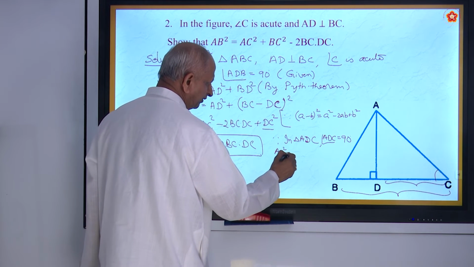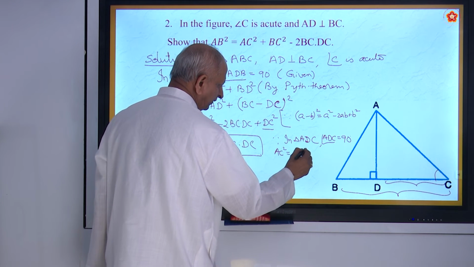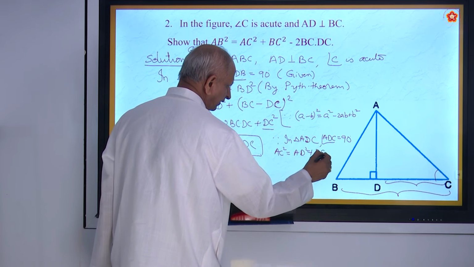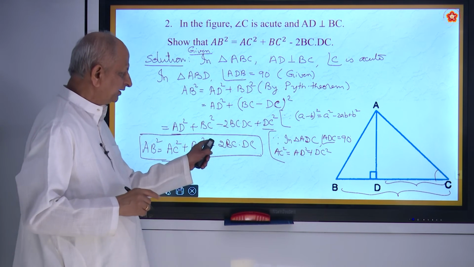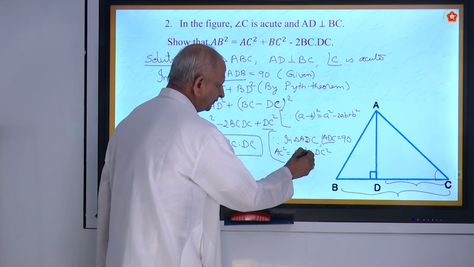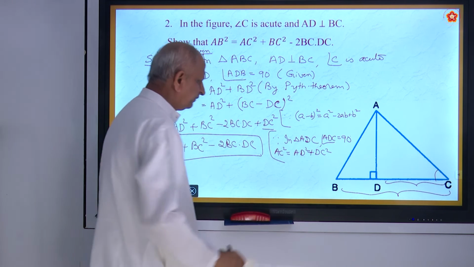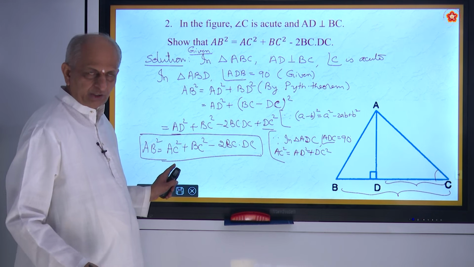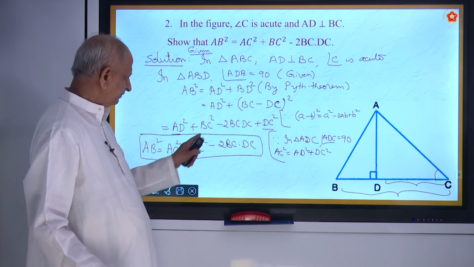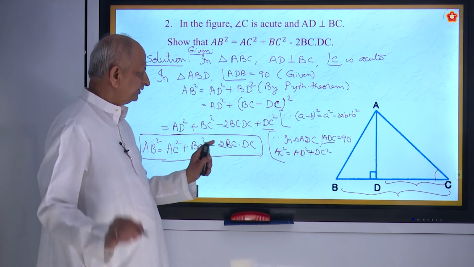AC square is equal to AD square plus DC square. That you have taken here. Instead of AD square plus DC square, you write AC square plus BC square minus 2BC into DC. That's all.